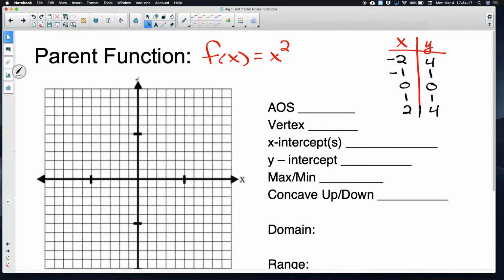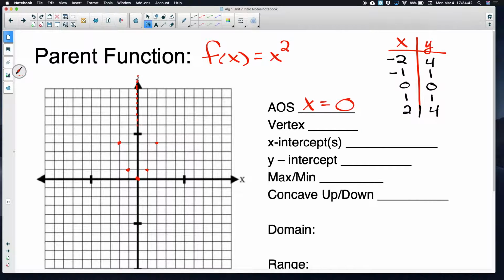So if I come over to this graph and I plot those points, you can start to see some symmetry happening. Your AOS is your y-axis, and your y-axis is x equals 0.